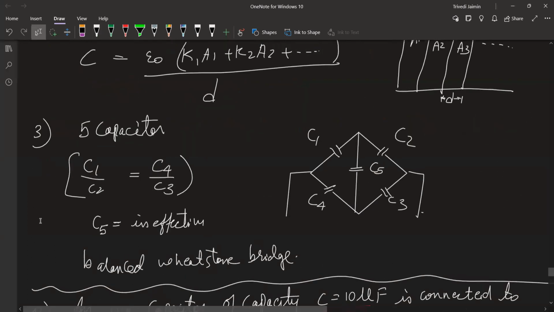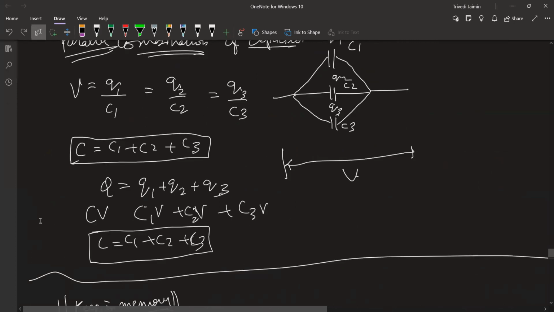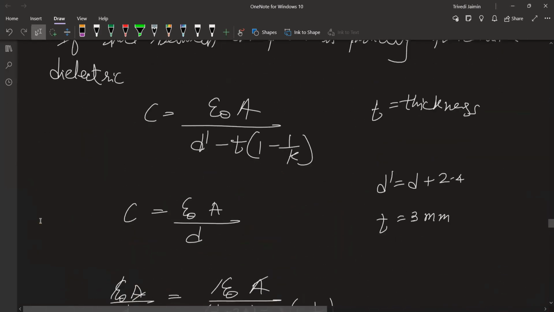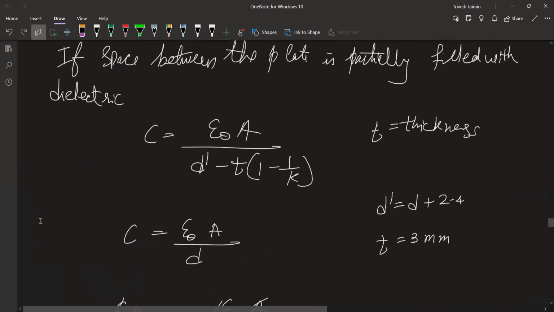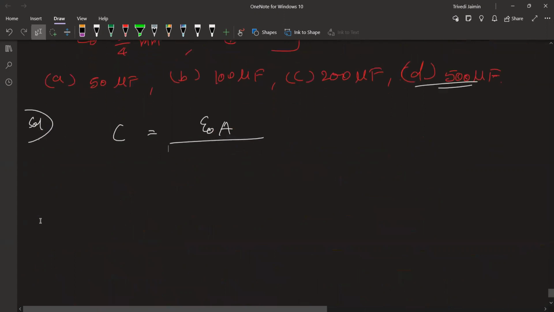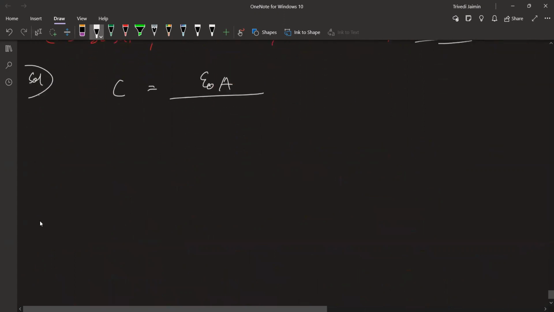The new formula I gave yesterday. So D minus T, one plus T by K.